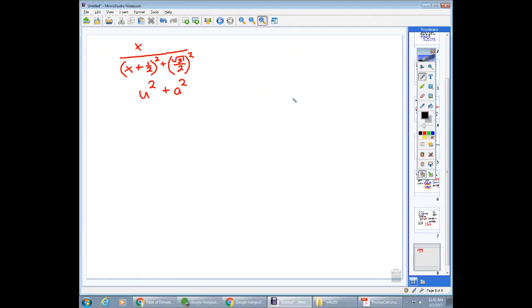And so a triangle for that, let's see if this helps, is going to look like, that would put my u over here.